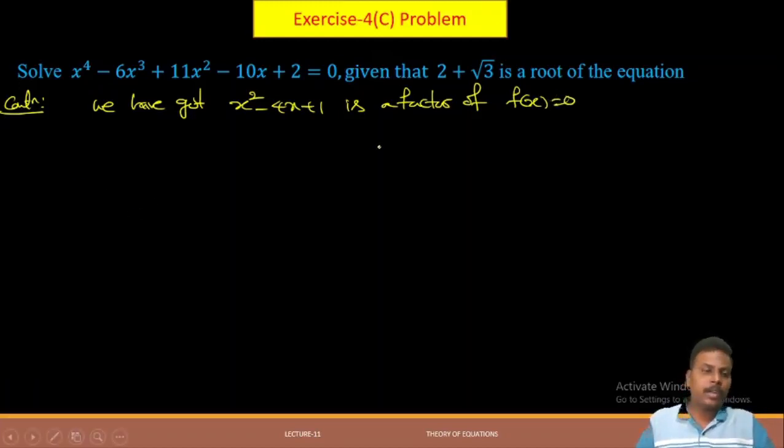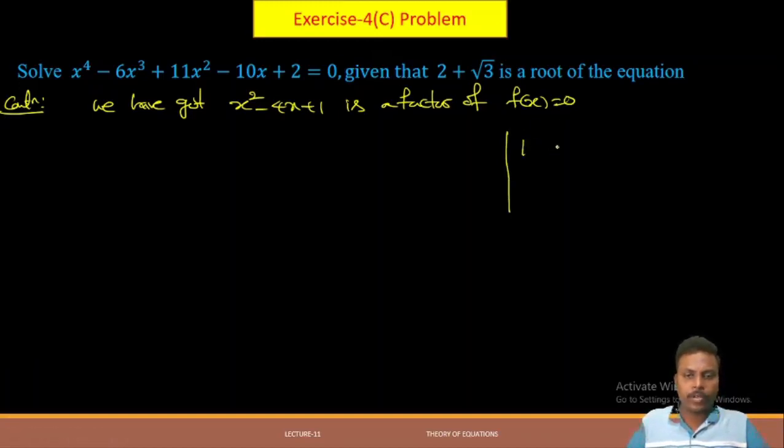Now let us try to find out the remaining factor of f of x. We use the Horner synthetic division to find out that. Let me write the coefficients in the order. So 1, minus 6, 11, minus 10 and 2 here. So let me write p q values. P value is 4 and q value is minus 1. Let me write it here. So it is 4 and minus 1.